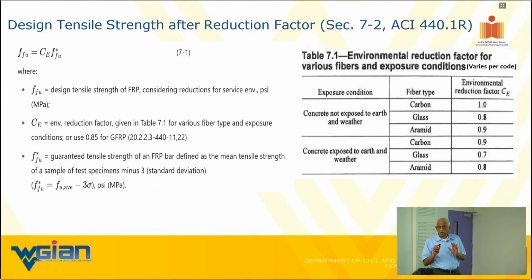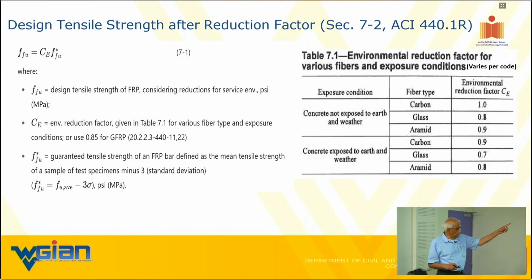What I'm really trying to say is that the last right column is a guide for you, and it varies from one code to another, from one type of structure to another, and from one country to another.